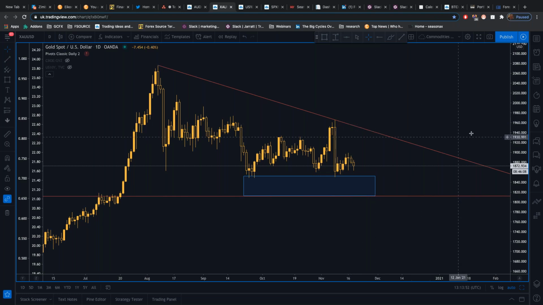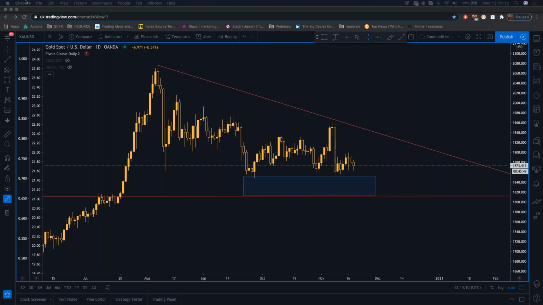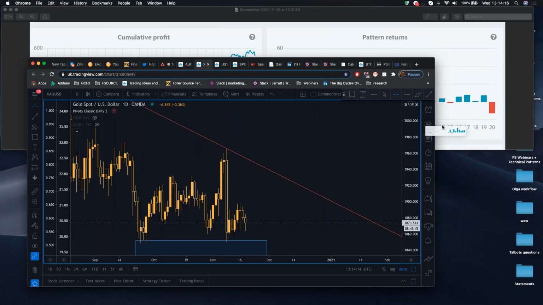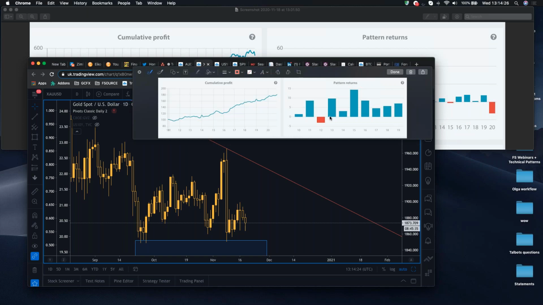One seasonal fact about gold: there's a very strong seasonal pattern in gold, and I'll show you it here. In the last 10 years, if you had bought gold on the 27th of December and held it through to about the 20th of February, you would have made money every single year apart from 2012.